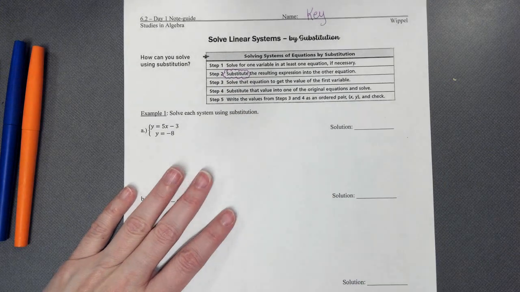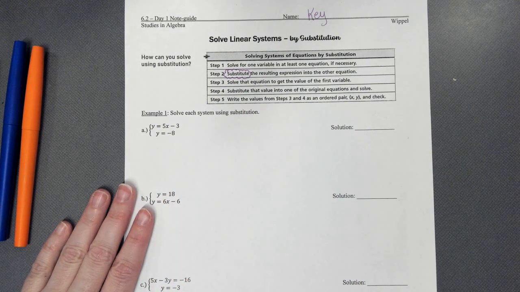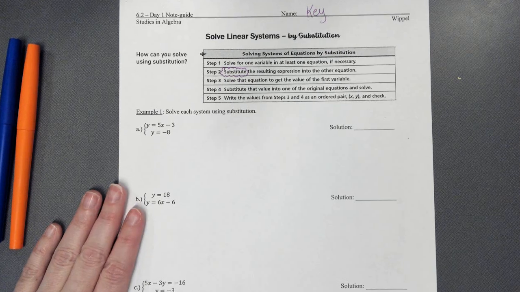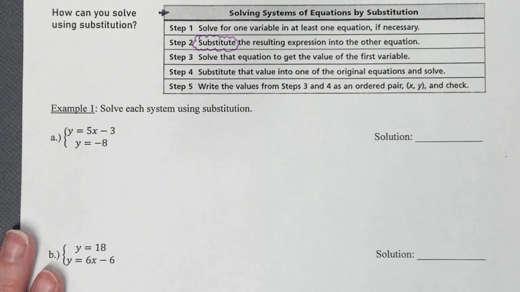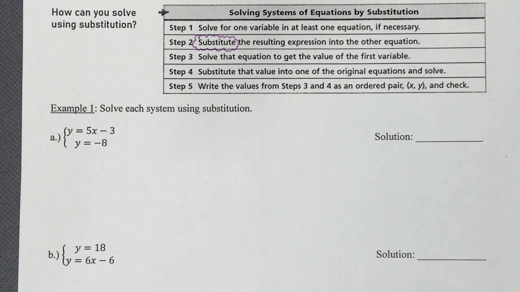Okay, so when you substitute something, what's another way I can say that? How can I tell somebody what substituting is? Okay, yeah, so you could switch in a number for a variable. Anything else? Substitute is the same thing as plugging something in.